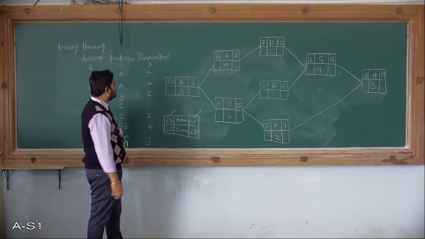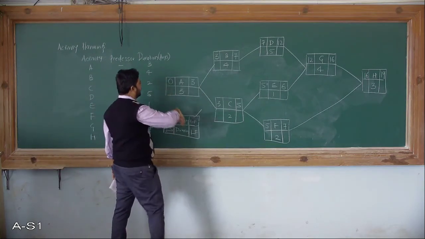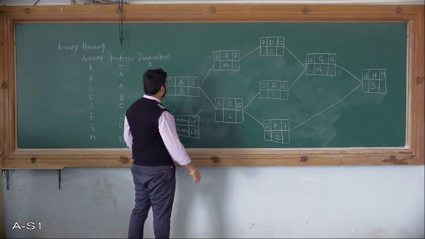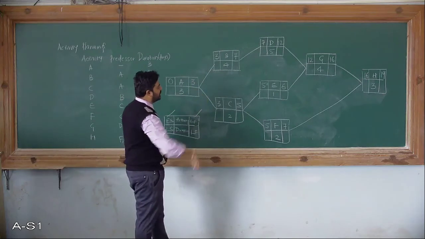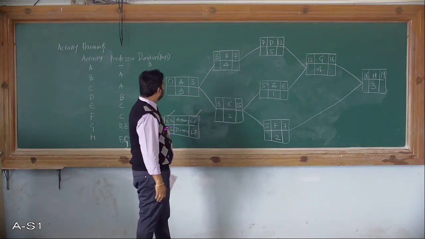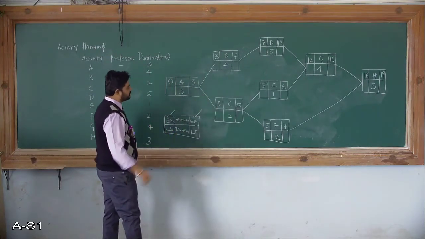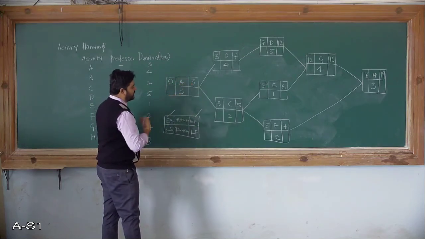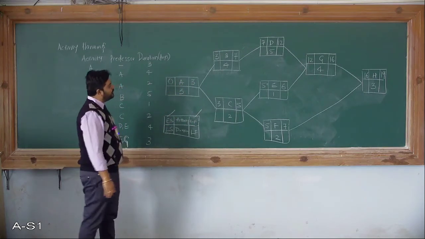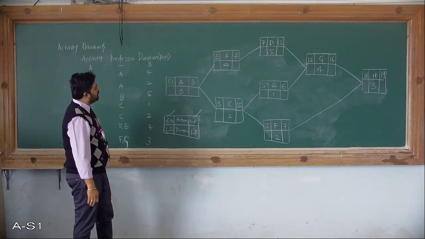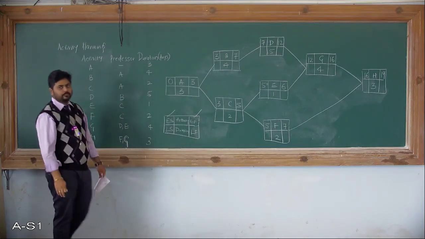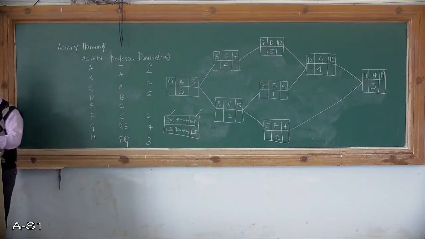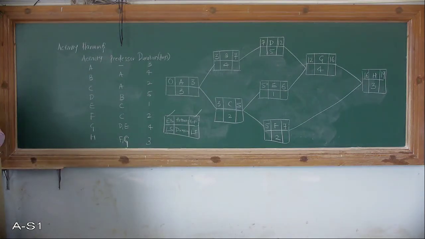In the forward pass we are calculating the early finish and the early start for each and every activity which comes under that particular network precedence. That is nothing but my forward pass. Now I need to perform the backward pass for that particular activity, which is opposite to your forward pass.